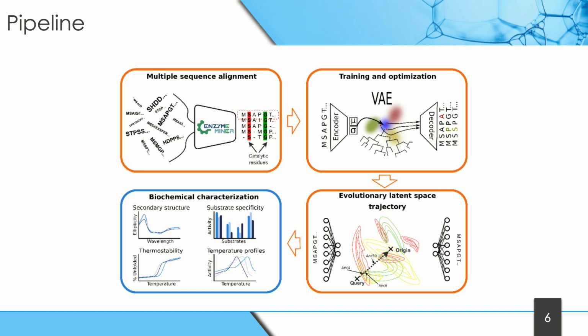We designed a pipeline to gather enzymatic data through the EnzymeMiner tool. We optimized VAE architecture to reconstruct sequences and to be able to capture evolutionary dependencies within the latent space structure.